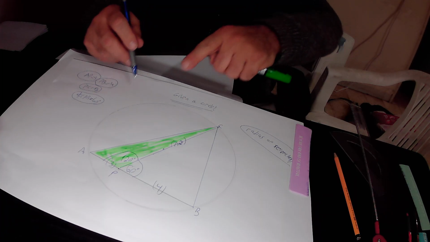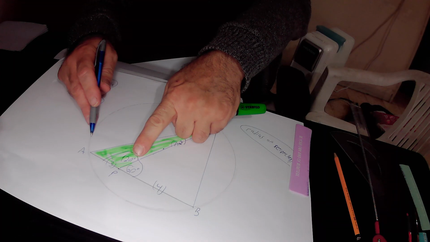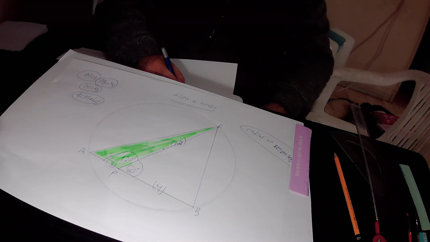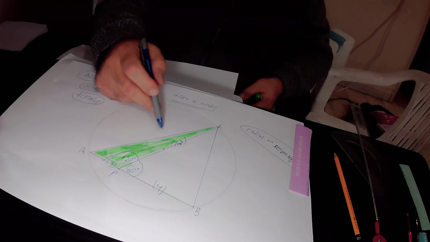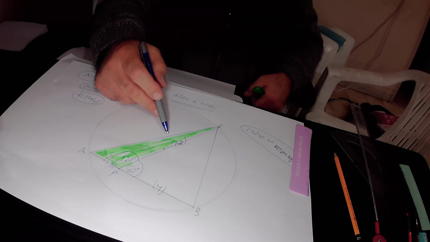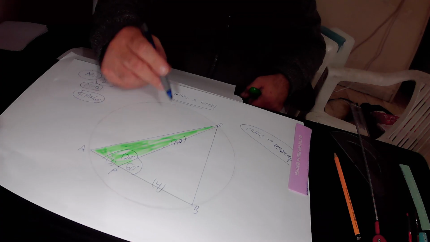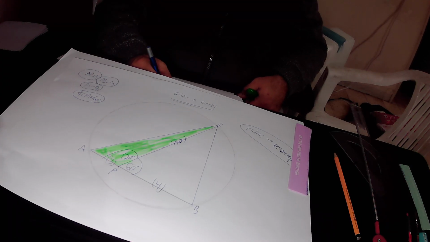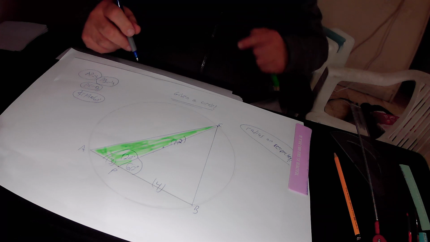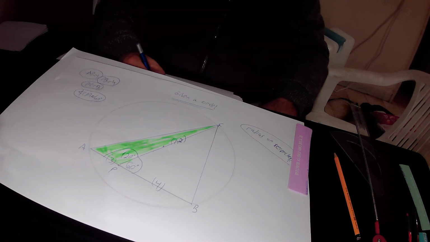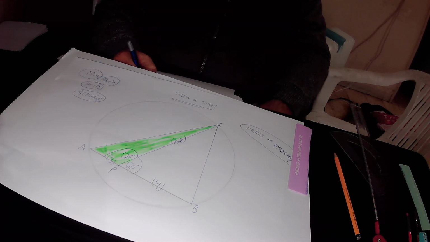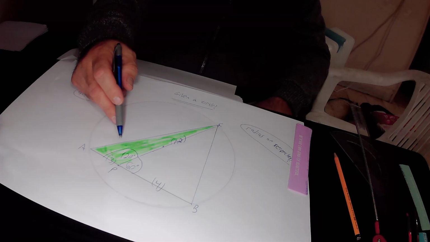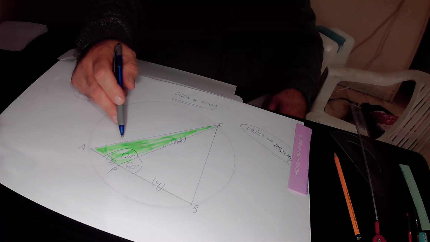equals AP square. AP is 3, therefore AP square is 3 squared, that is 9, plus CP square. CP is 12, therefore CP square is 12 squared, that is 144. Minus 2 times AP is 3, times CP is 12, times cosine 120 degrees. Cosine 120 degrees is minus 1/2.